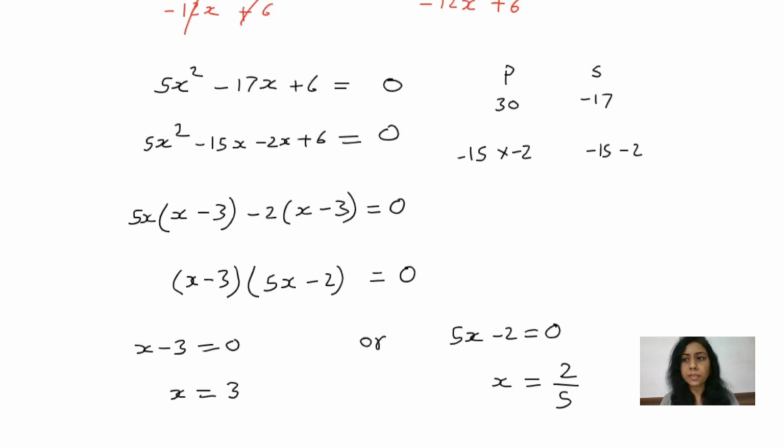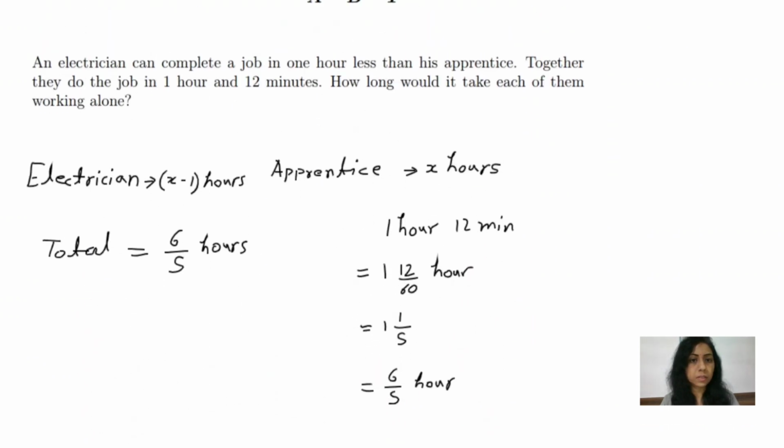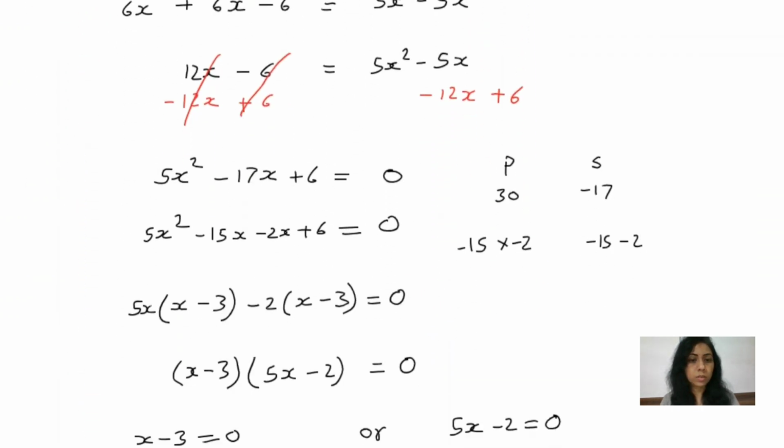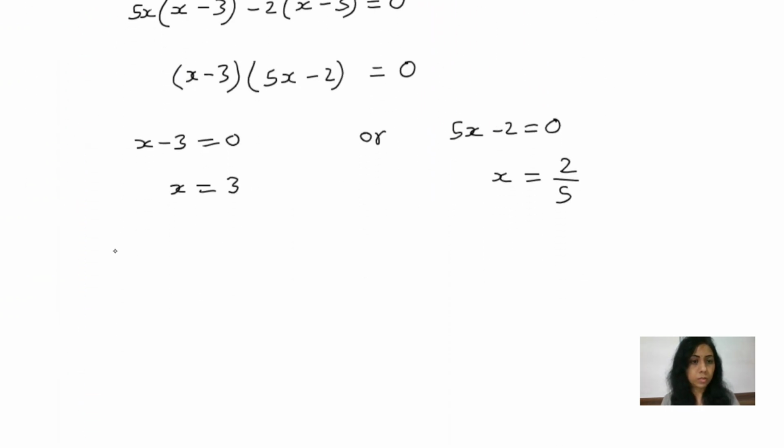So this x is for the time the apprentice takes, right? And for the electrician, x minus 1. So for the electrician, x minus 1 means 3 minus 1, which is 2. And here x minus 1 means x is 2 upon 5 minus 1.